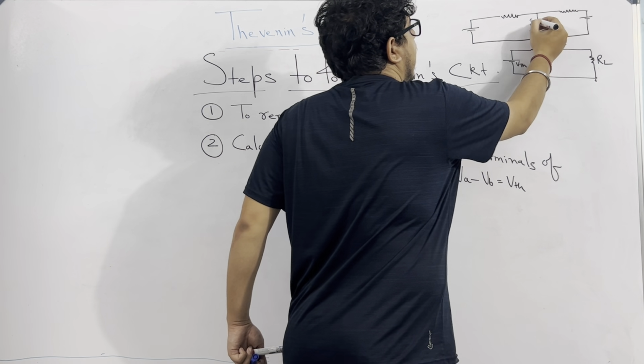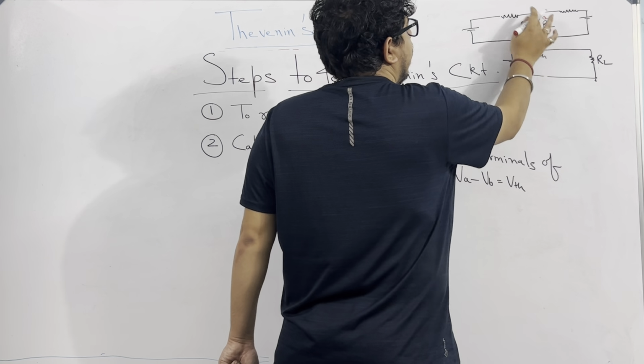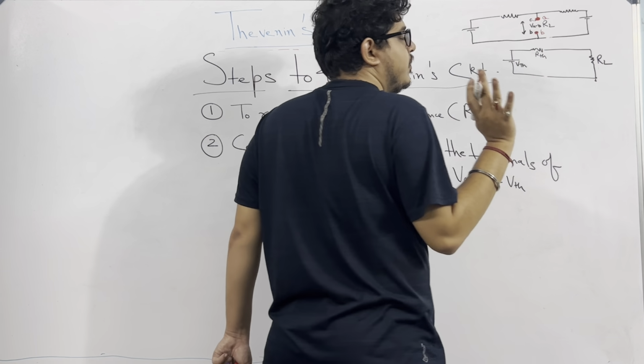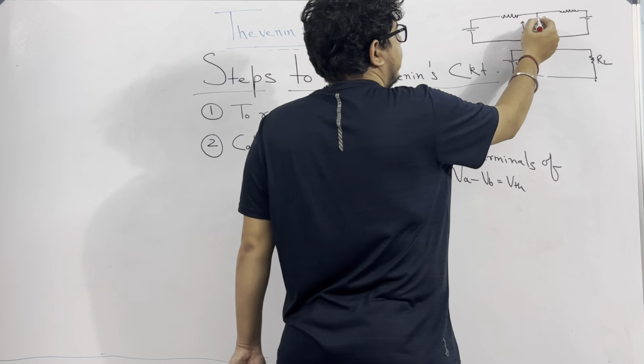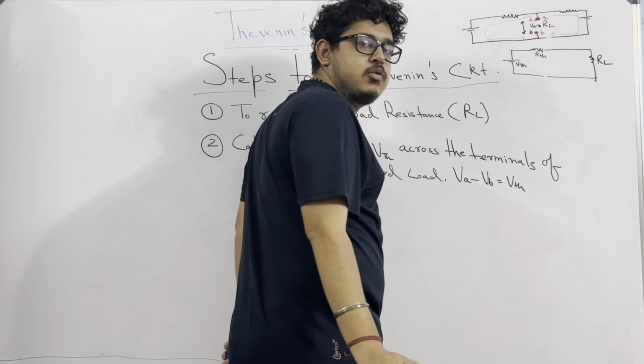This terminal I named A, and the other terminal is B. So I have to calculate VA minus VB, that is the potential drop across these 2 points, using mesh analysis or something like that. I start from here, go like this and come again to here. All the potential drops in any path will be VA minus VB. Any path I can choose, I can do anything.